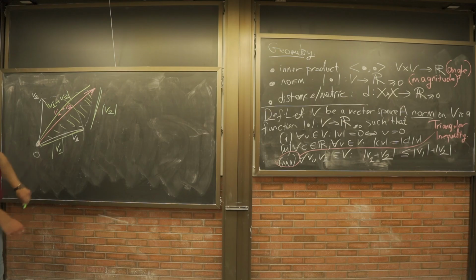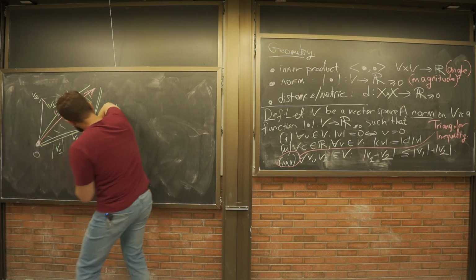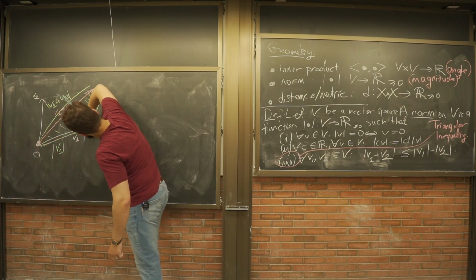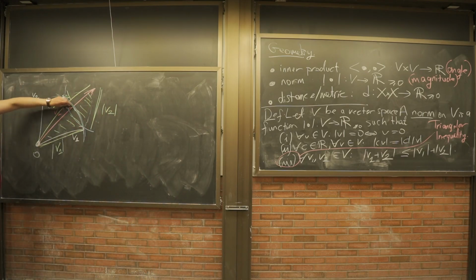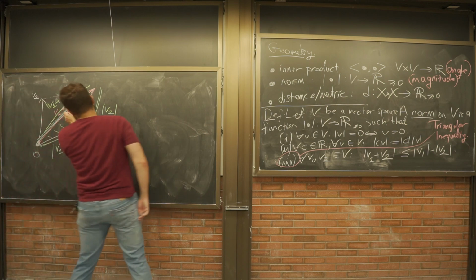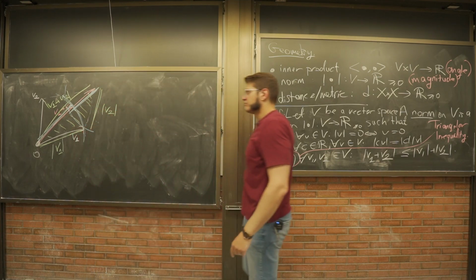And so you're rotating this side and it comes all the way here. And if you were to do the same thing here, okay, something like this perhaps, so that this length is the same as V1 in norm, and this length is the same thing as V2 in norm.